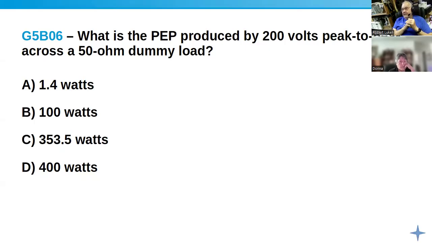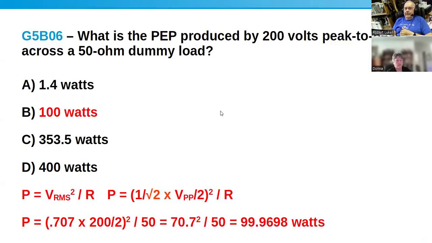And 0.707 times 100 is about 70.7. That's your RMS voltage. Then you square it and divide by the resistance, so it's 100 watts. Yep.